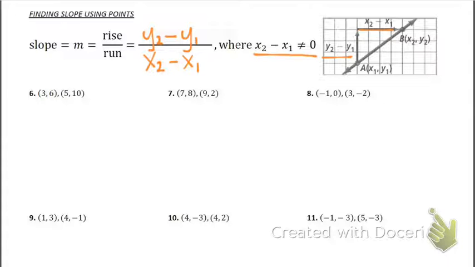Does it matter which one you pick? The answer is no. You can use either point as x1, y1 and x2, y2. I usually use the bigger ones as my second. Okay, so that 5, 10, I'm going to label that right above x2, comma, y2. Which will make 3, 6, x1, comma, y1.